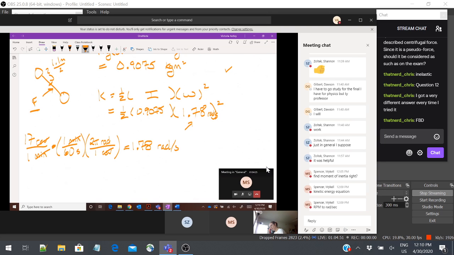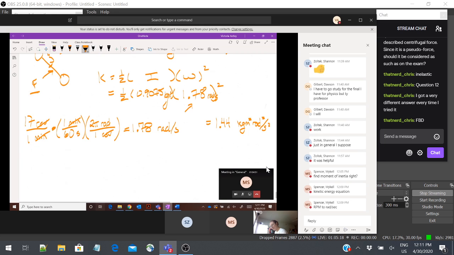So what will I end up with? I have this squared times 0.9075 times 0.5. So I get 1.44 kilogram meters squared, radians squared per second squared.